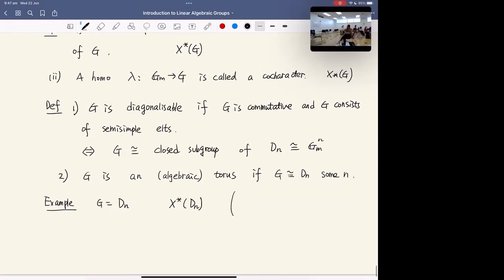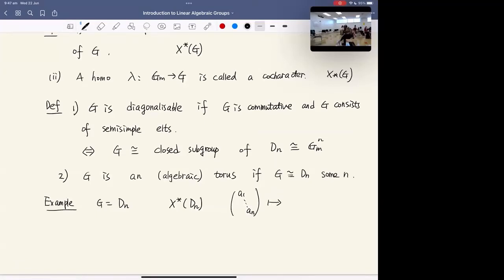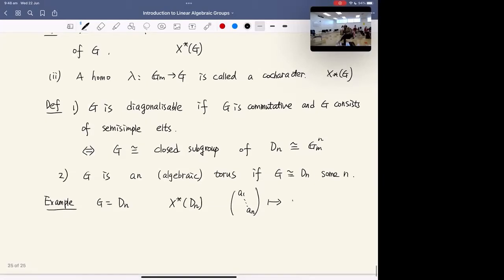Raising to some power for the whole diagonal matrix. Okay, very good. That is a character. Are there other characters? Raising each entry to a different power. Very good.